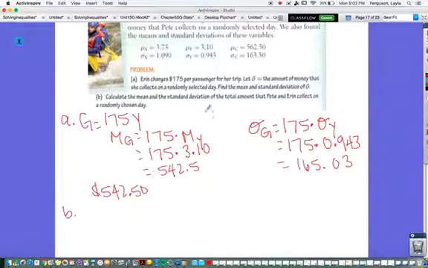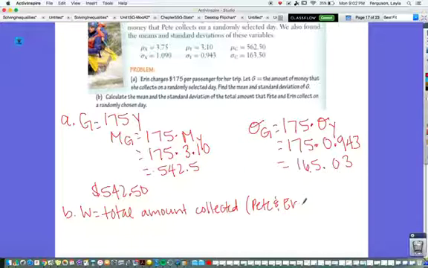All right, for B, it says calculate the mean and the standard deviation of the total amount that Pete and Aaron collect on a randomly chosen day. For this one, it doesn't tell us what we want our random variable to be, so let's just use W. We're going to let W equal the total amount collected from Aaron and Pete together.